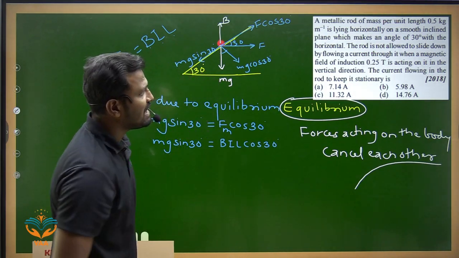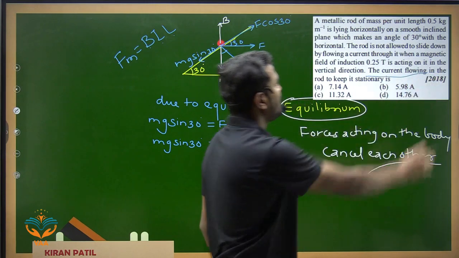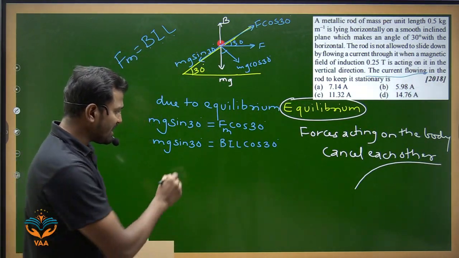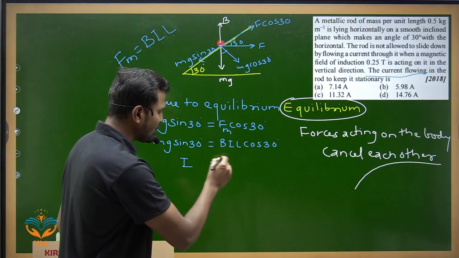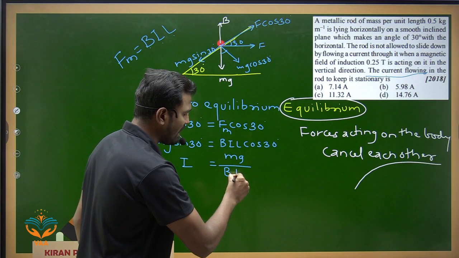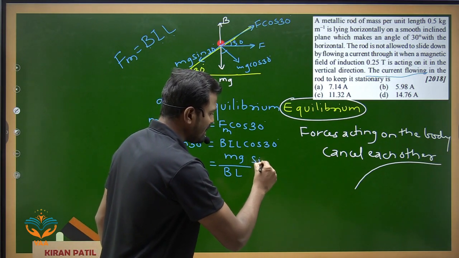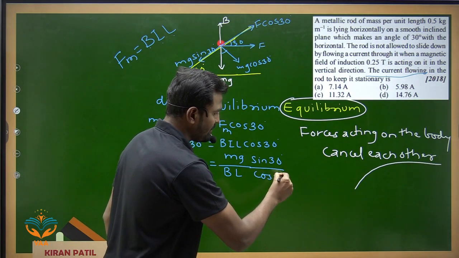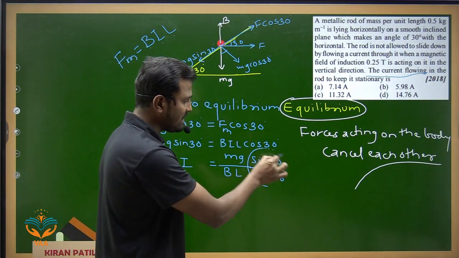What they have asked us is the current flowing in the rod. Other than current, all things will come to this side. So I can write I is equal to mg divided by BL into sin 30 by cos 30. If we simplify, this is going to be tan 30.